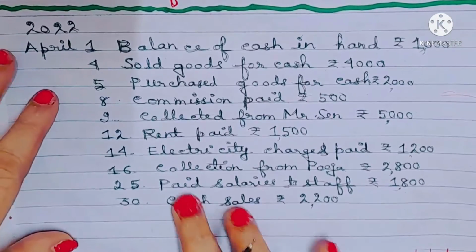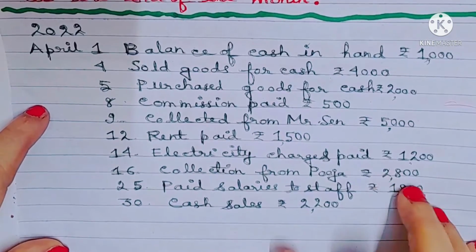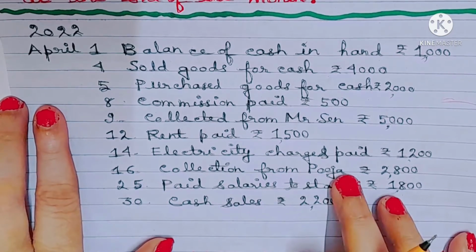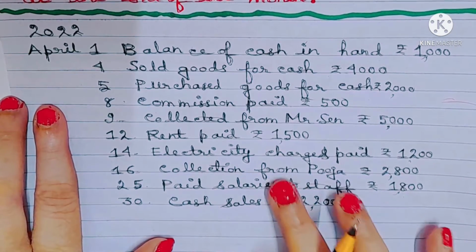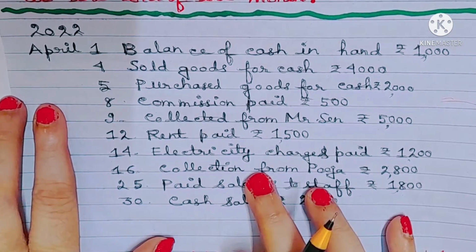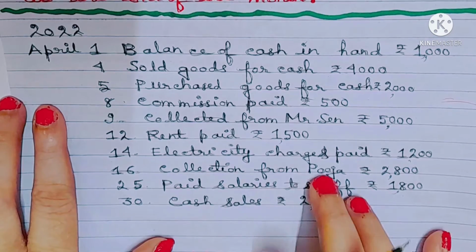The next transaction is on 16th April, collection from Pooja, 2800. So what is the journal? Journal will be cash account debit to Pooja account. Collection means money, cash. So cash account debit to Pooja account. What is the position of cash? Cash account is on the debit side, so Pooja will be also on the debit side.